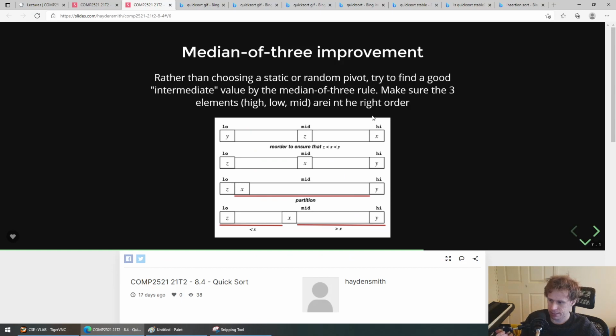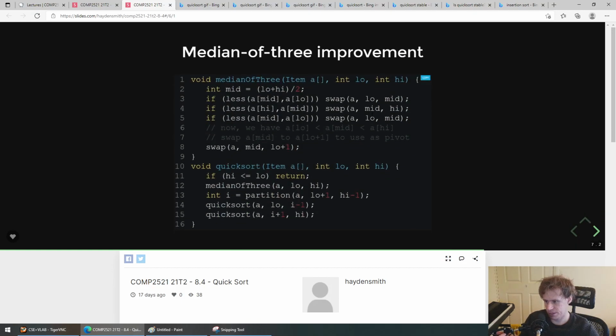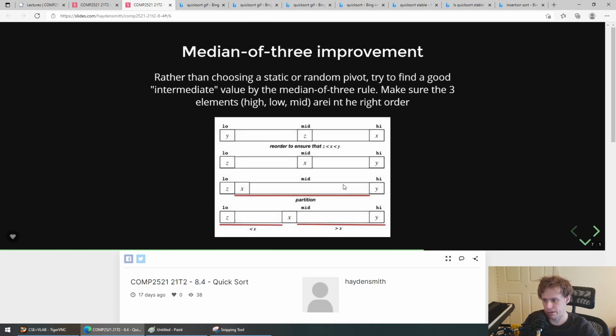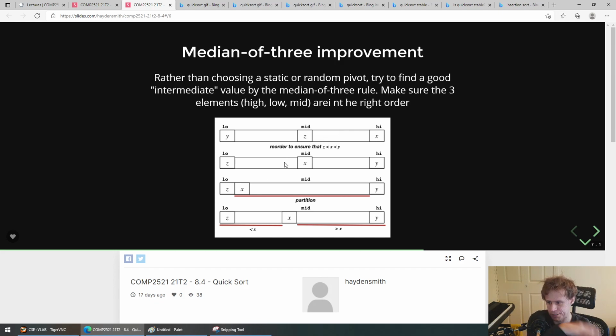So last thing on quicksort. Oh, sorry, this is the code for median of 3, by the way. You can read through this in your own time. Basically, the way the median of 3 works here is that the median of 3 function rearranges your array for you, and then it just gives it to partition.